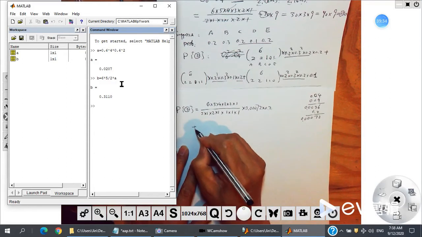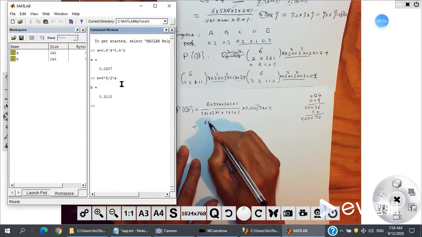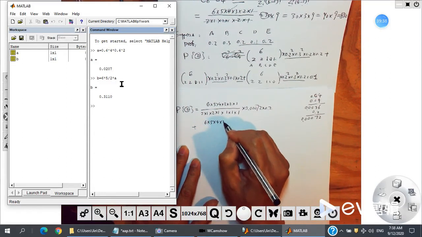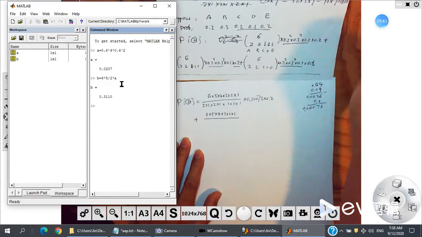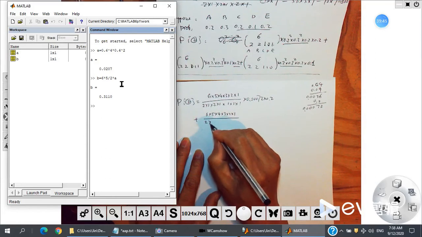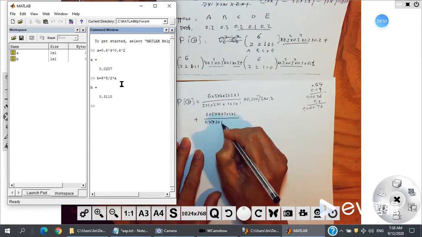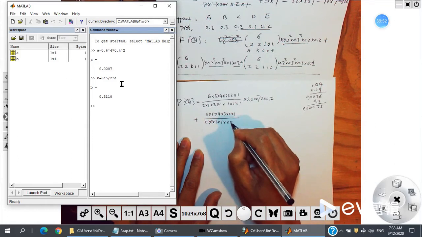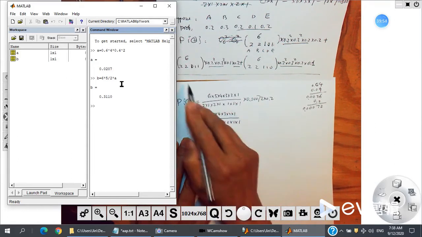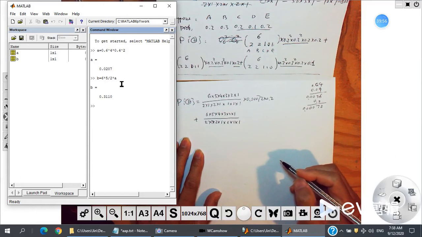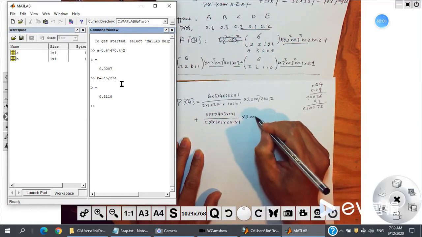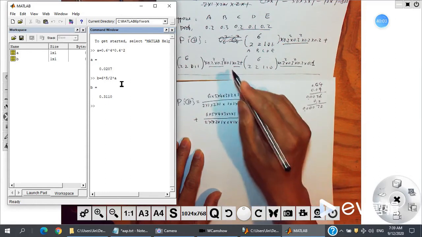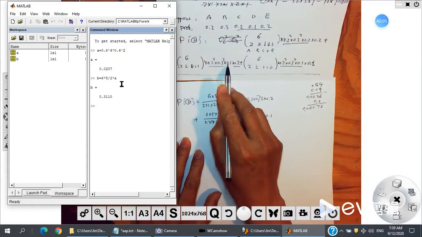And the second is this. Now is 6 times 5 times 4 times 3 times 2 times 1 over 2 times 2 factorial, and 2 factorial, and 0 factorial, and 1 factorial, and 1 factorial. And times, now is 0.00072 times 0.1, right? 0.1.